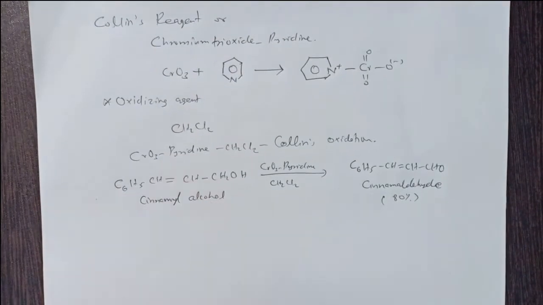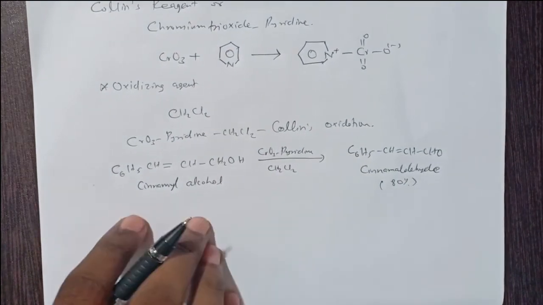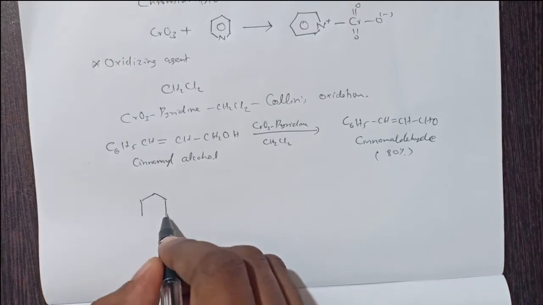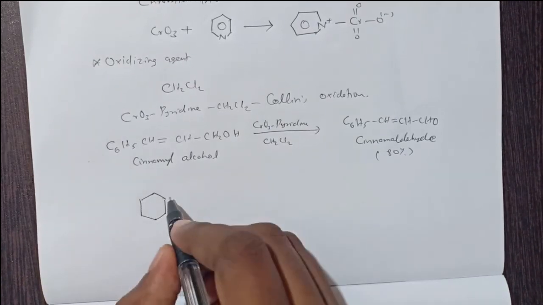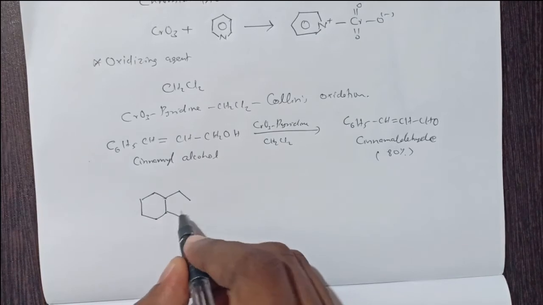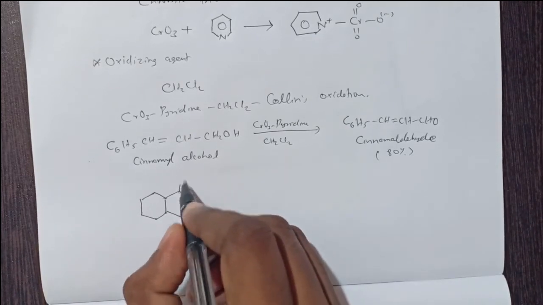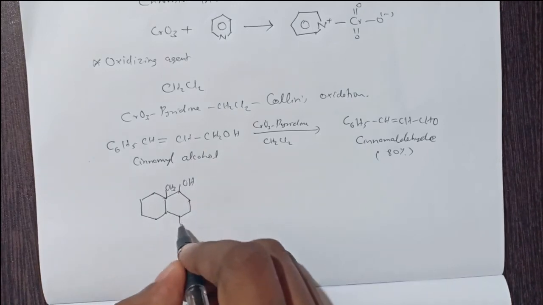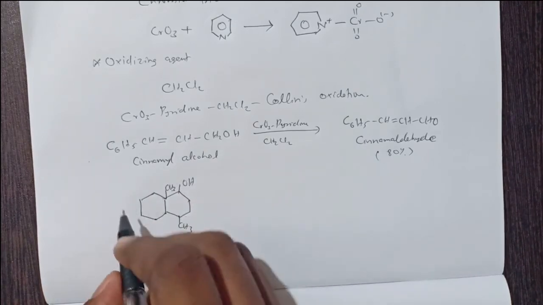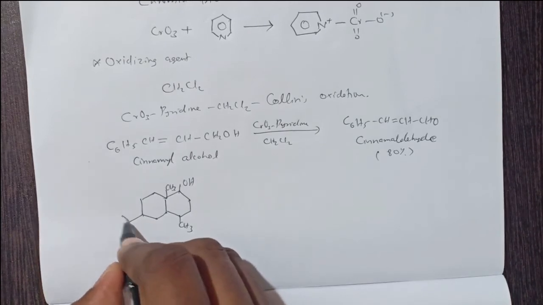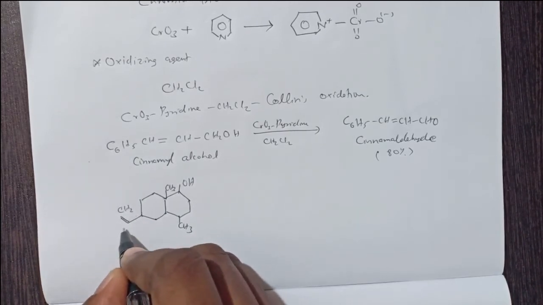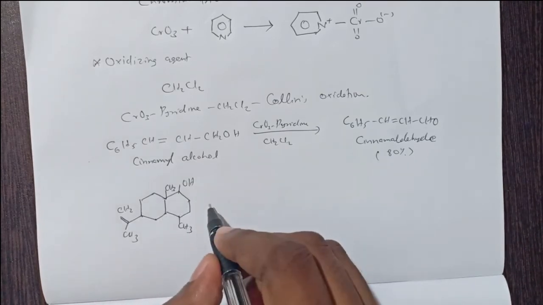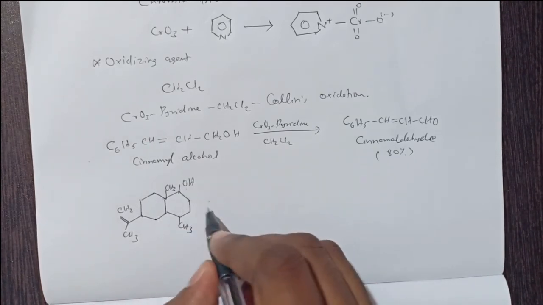Another example is like this. This is the compound under consideration. This is OH, this is CH3. Here also one other CH3 group is here, and here CH2 double bond CH2, then one of the CH3 is here. This is an alcoholic group present here.